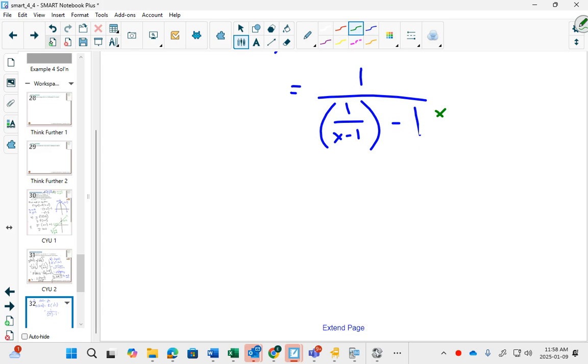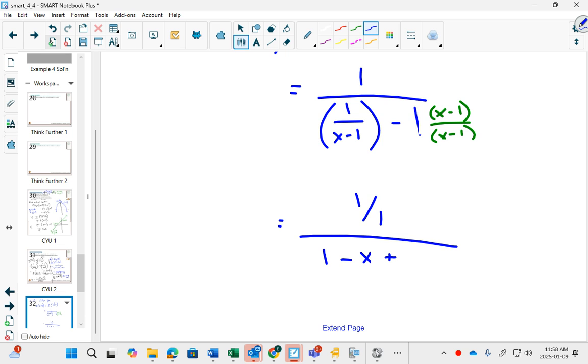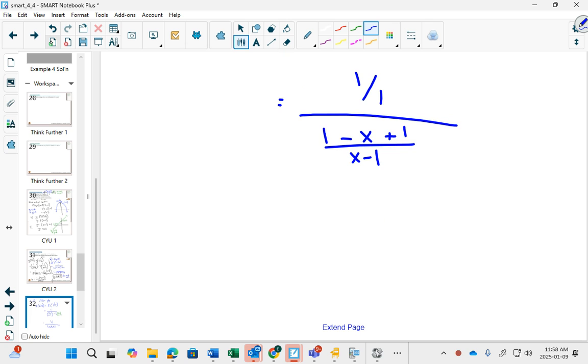Here I'm going to multiply this to get a common denominator by x minus 1 over x minus 1. My top fraction technically is already a fraction. It's 1 over 1. It's just a 1. The bottom now will be 1 minus, and if I distribute this, x plus 1 over x minus 1. So the bottom will be minus x plus 2 over x minus 1. And now how do you divide fractions? We multiply by the reciprocal.